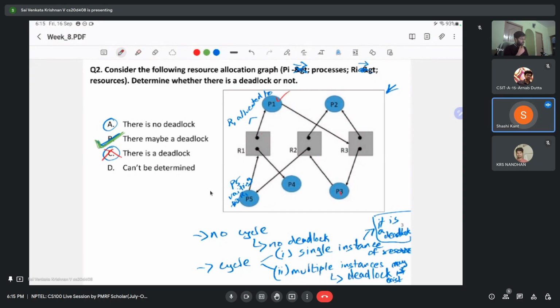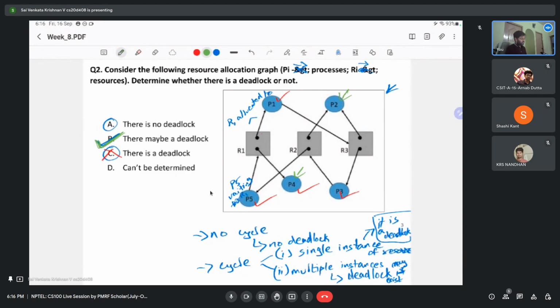If P2 and P4 are finished and they don't want the resources R1, R2 and R3 anymore, then we can give the freed instances of the resources to P5, P3 and P1, right? So there is this case always.